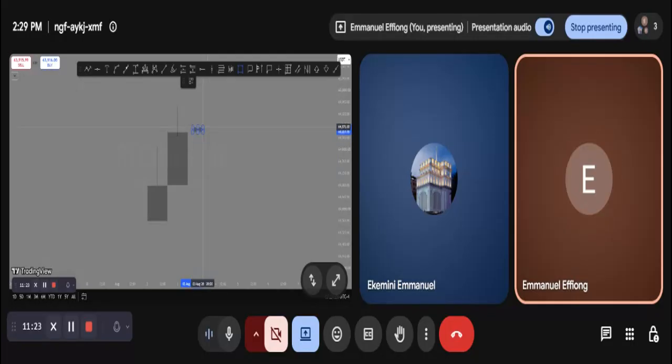So what we normally expect is price coming into this zone, because you are going to mark it as a zone. In this zone, when you go to a lower time frame, you will see a break of structure and a key level. We are going to talk about that in another topic, but let's just focus on the formation.